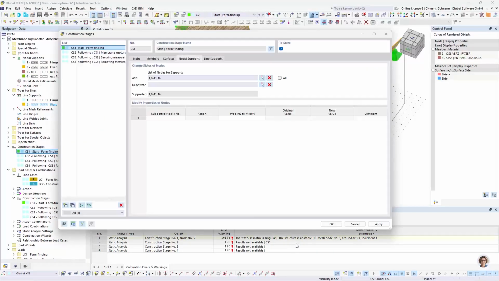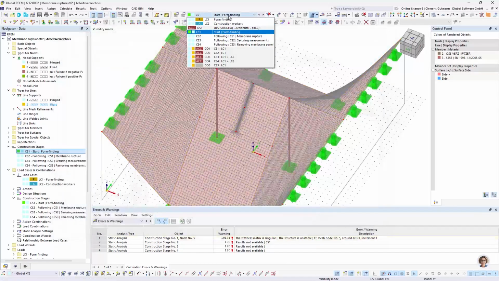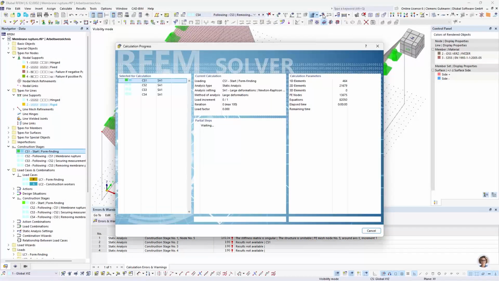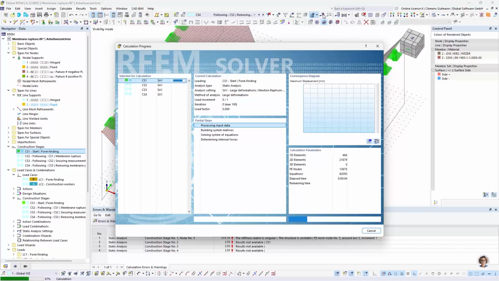Okay. Try again. So construction stages, if you calculate them directly, are basically a load combination which calculates all the load cases that are assigned to that construction stage. But of course, you can also use the load combinations instead.